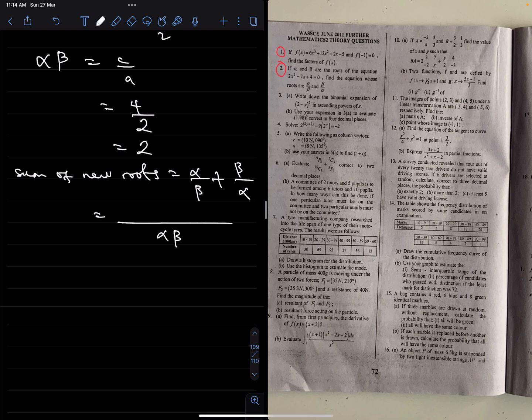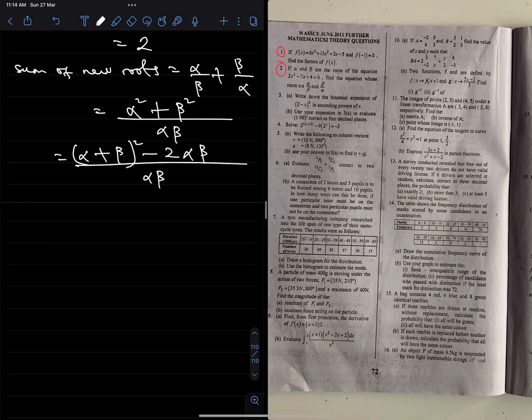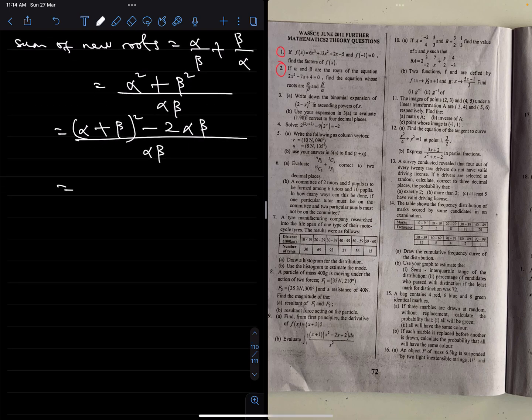Alpha beta divided by beta is alpha times alpha, that's alpha squared, plus alpha beta divided by alpha is beta times beta, that's beta squared. Do you understand? So that means alpha squared plus beta squared all over alpha beta. Alpha squared plus beta squared is alpha plus beta all squared minus 2 alpha beta, over alpha beta. Thank God you remember that. Go through it step by step carefully so that I don't make mistakes.